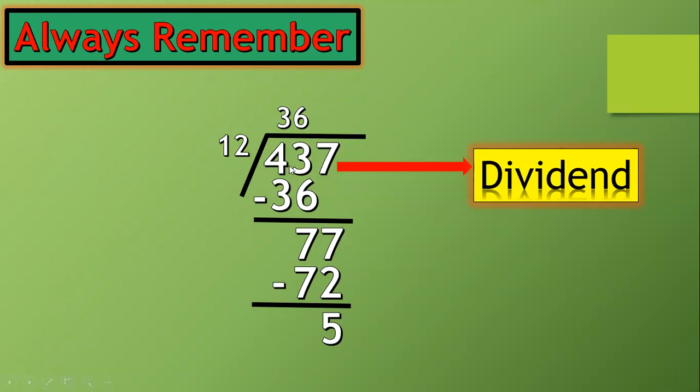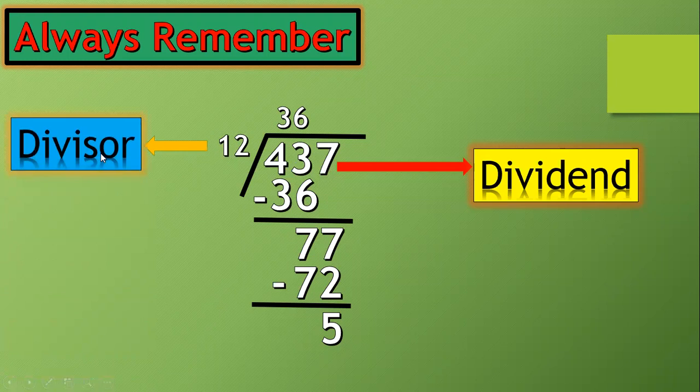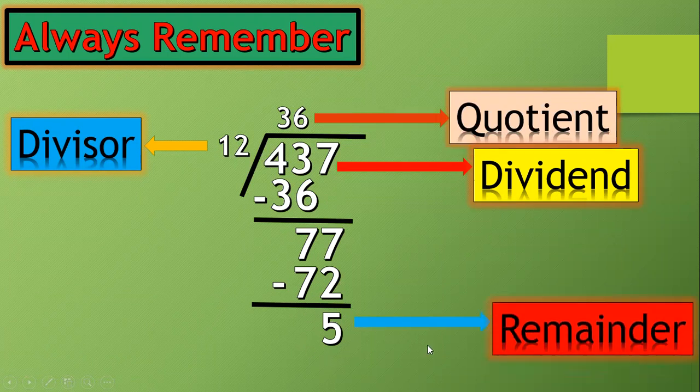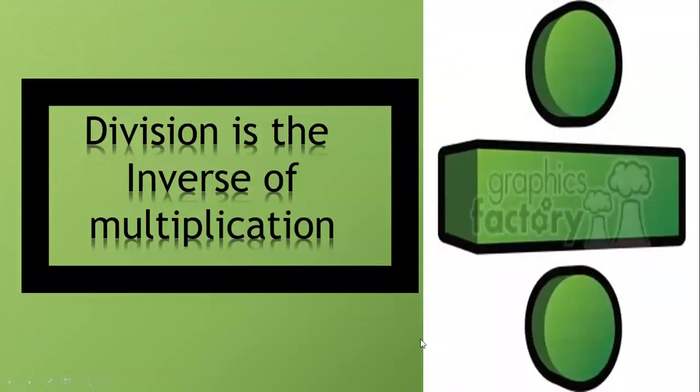And it is divided by 12. So 12 is our divisor. And the final answer after division we get is our quotient, and the number which is left over is called the remainder. And division is the inverse of multiplication.